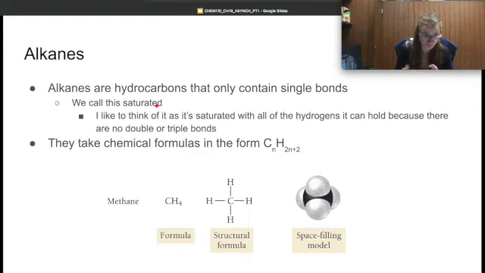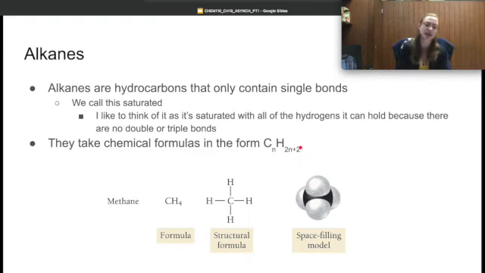So, for example here, again, we have methane. We can also talk about the chemical formula of how alkanes set themselves up. So that means here we have C sub n, H sub 2n plus 2. So basically what I'm saying is for every n carbons I have 2n plus 2 hydrogens in any case.